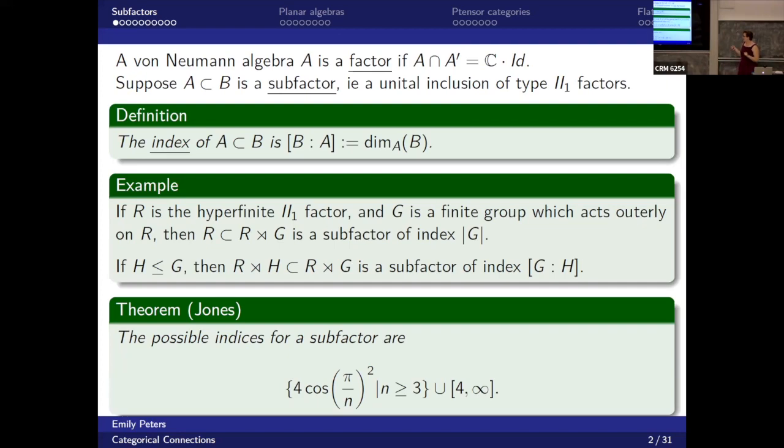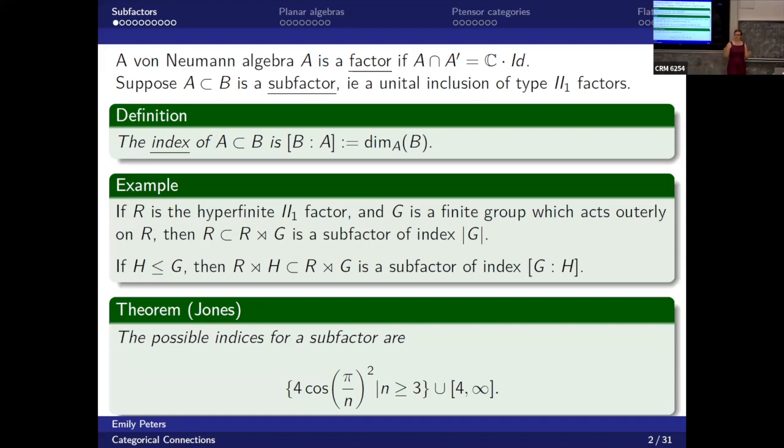And the twist is that there's a lot more going on here. The famous theorem in subfactor theory from 40 years or so ago by Vaughan Jones is that the possible indices for a subfactor can be either from a discrete series, if they're less than 4, of the form 4 cosine squared of pi over n, or can be any real number between 4 and infinity.